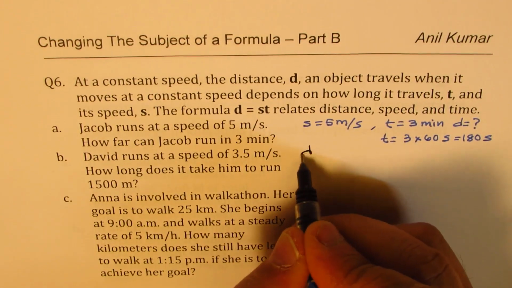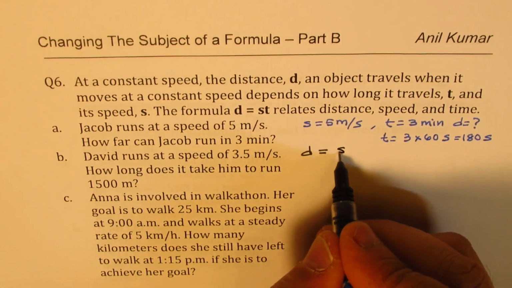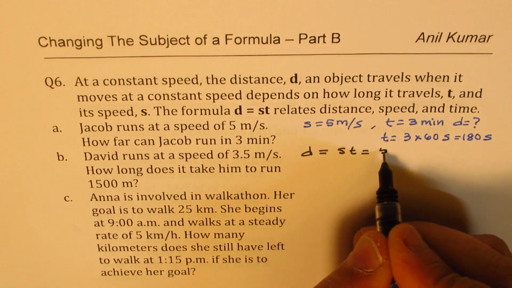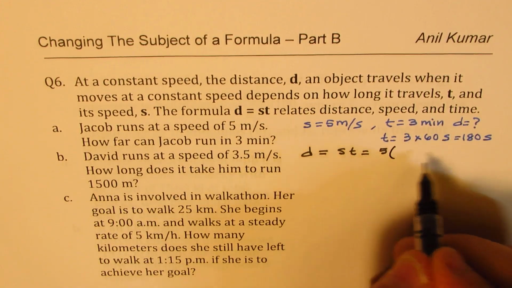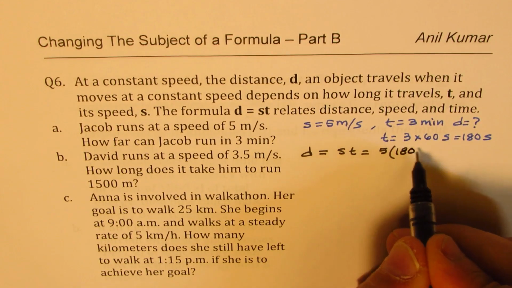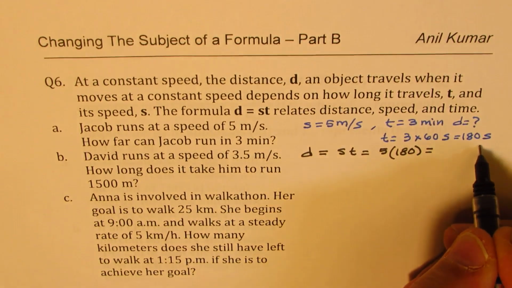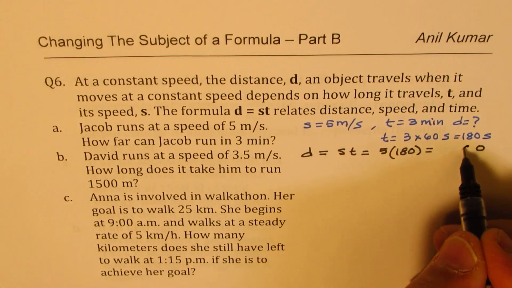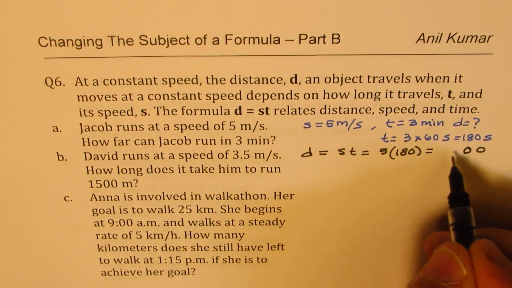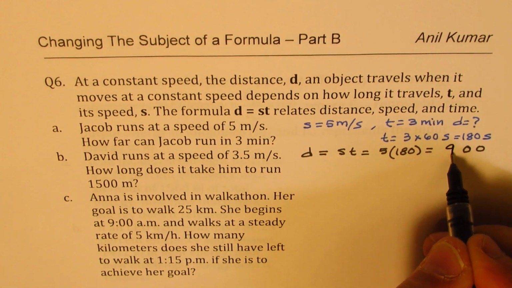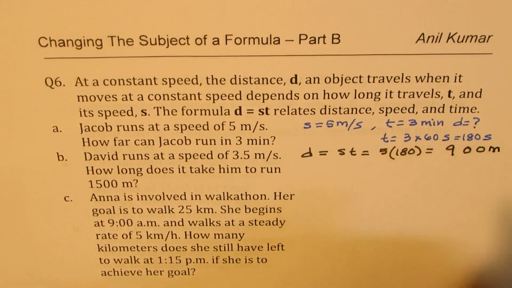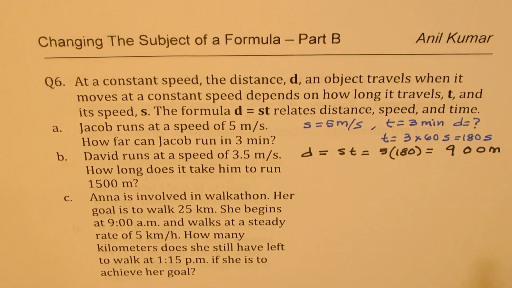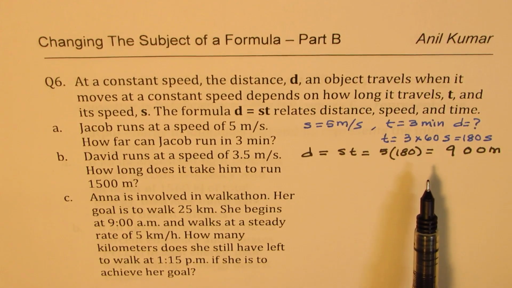So distance d equals s times t, which is 5 times 180. Correct? So now we get our result. 5 times 8 is 40, write 0, carry 4, and 5 times 1 is 5, and 4 is 9, so 900, and the units are in meters. Does that make sense to you? So that is how you are going to solve this particular question.